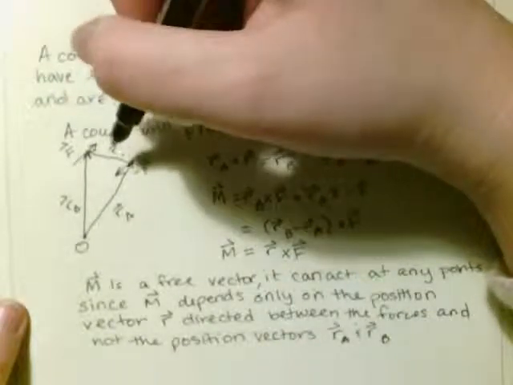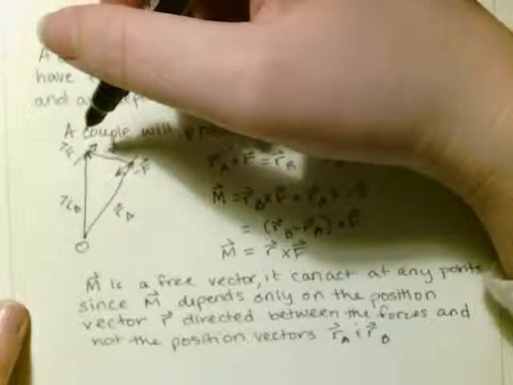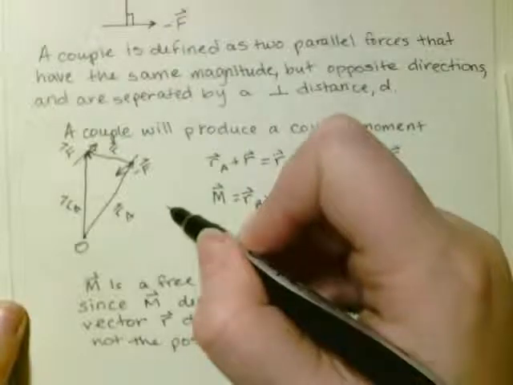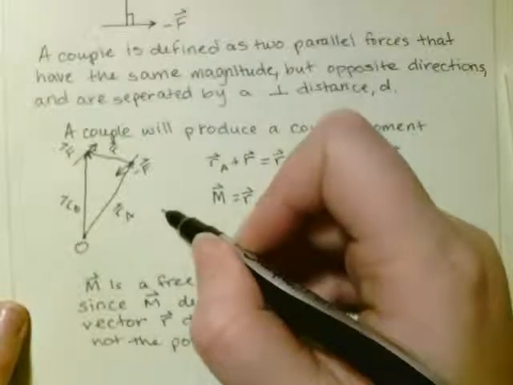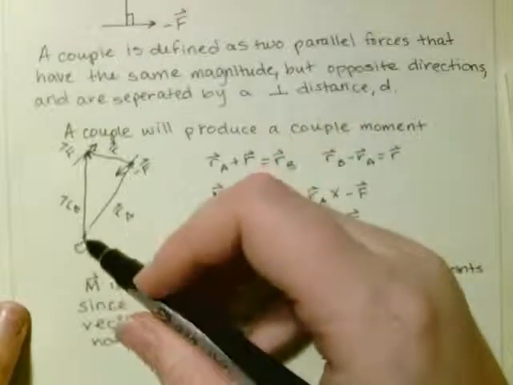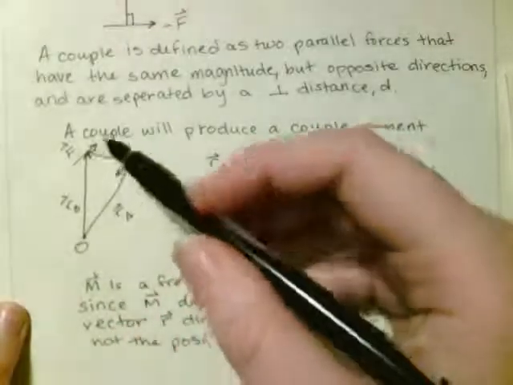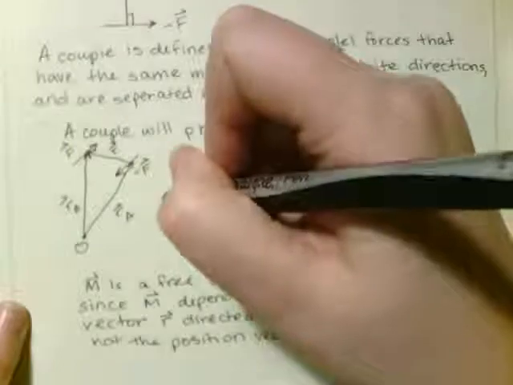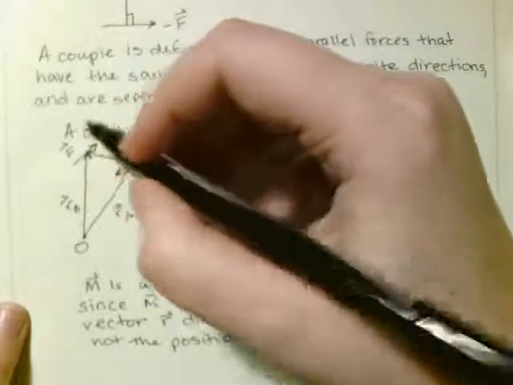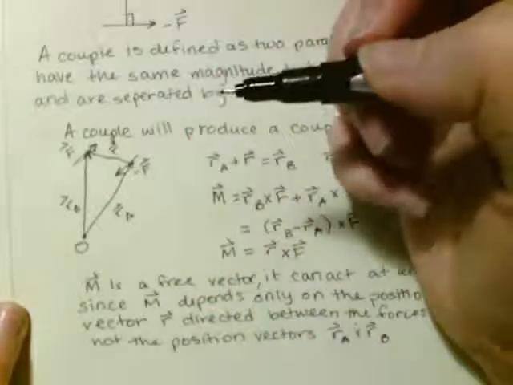So what this is saying is that the moment is a free vector. It's acting anywhere. You can choose a point over here, A or B or whatever point. The moment is going to be the same around this point as it was at O. Because it doesn't matter what point you're doing, you're still going to have a RA going to it, an RB, and this distance R between the forces is going to stay the same.